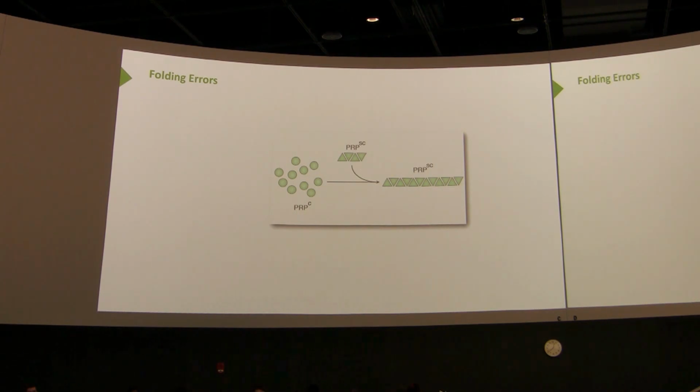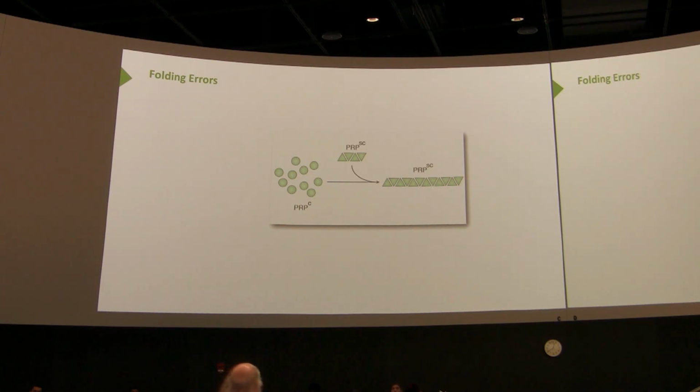This folding error starts with a normal protein, PrPC. It has a structure shown here in a circle. Misfolding of one of those. This is a little scary how tenuous your life is, folks. Misfolding of one of those causes that one misfolded one to cause the others to misfold.